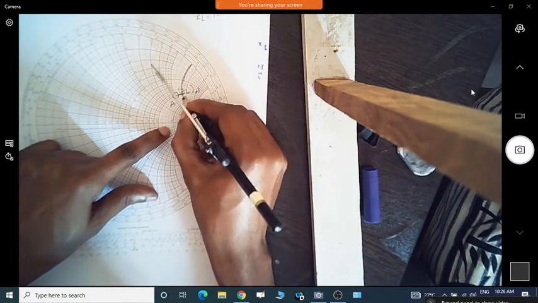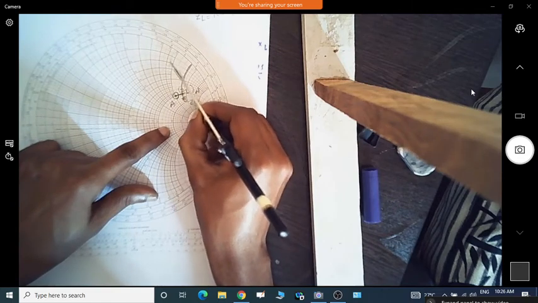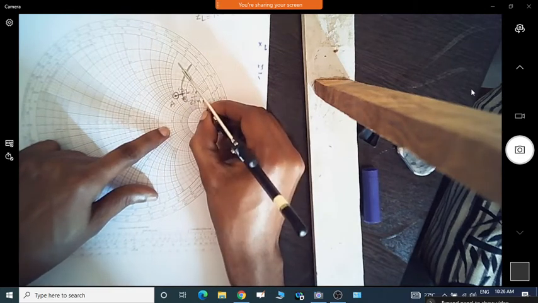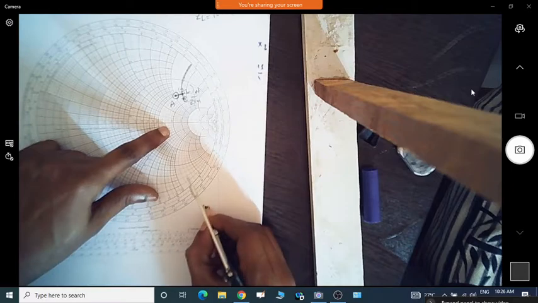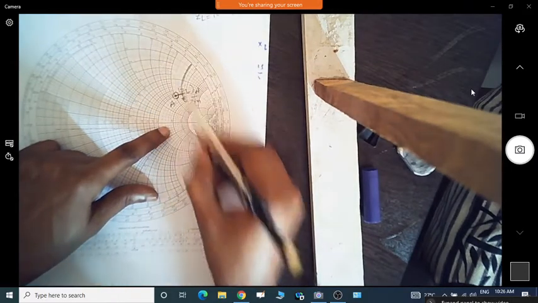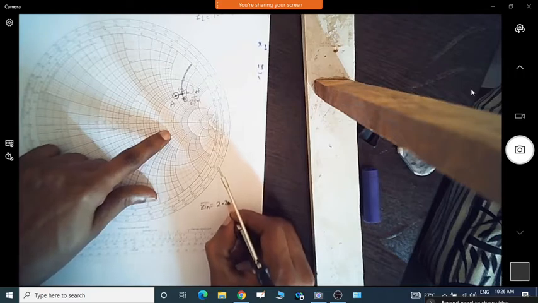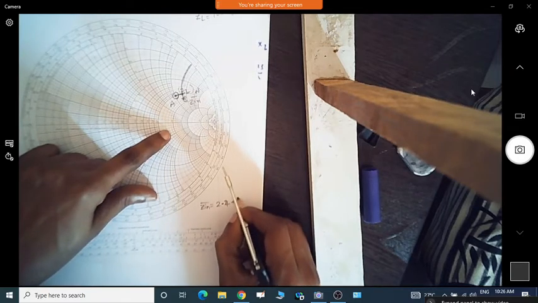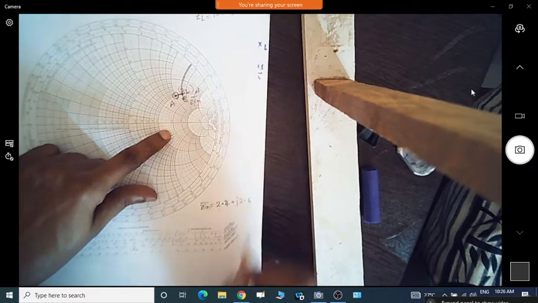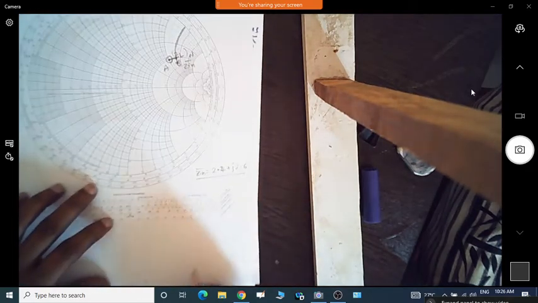That is the input impedance point, Zin bar. We can read Zin bar as 2.4 plus j2.6. That is what we get as the normalized input impedance.